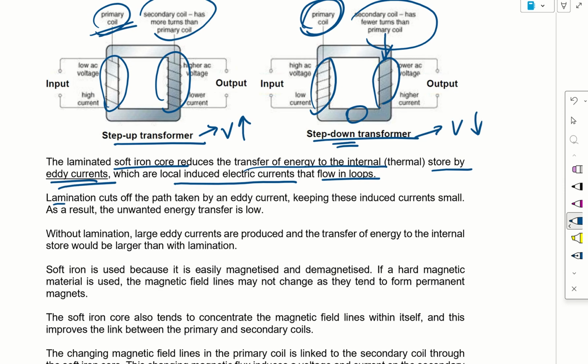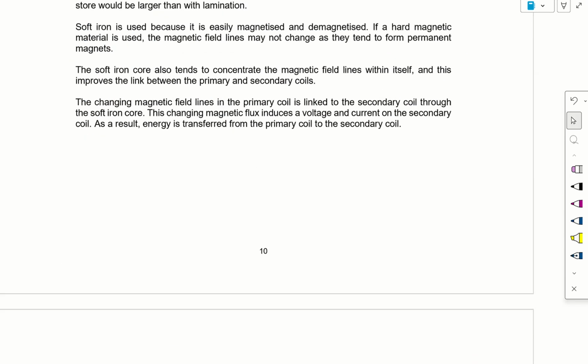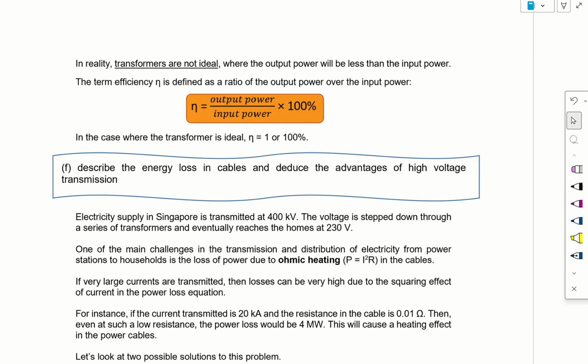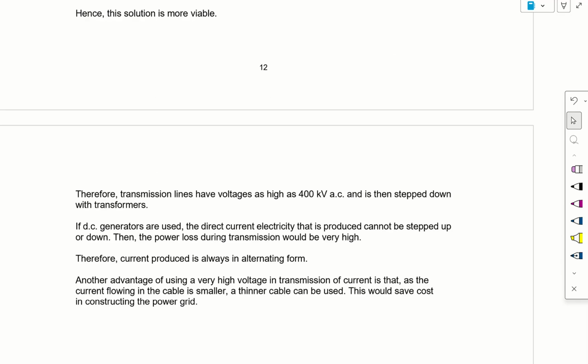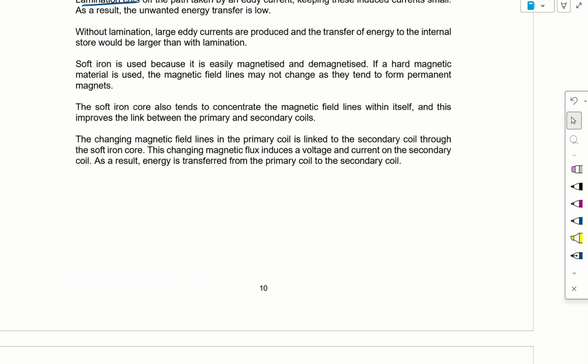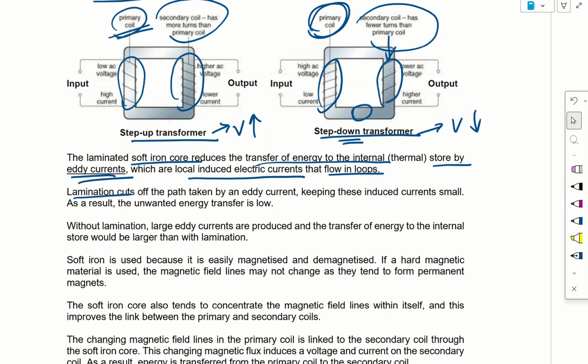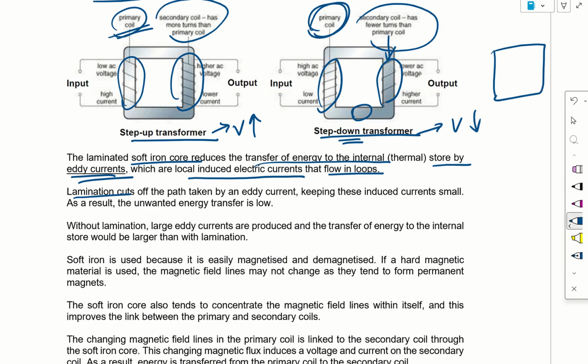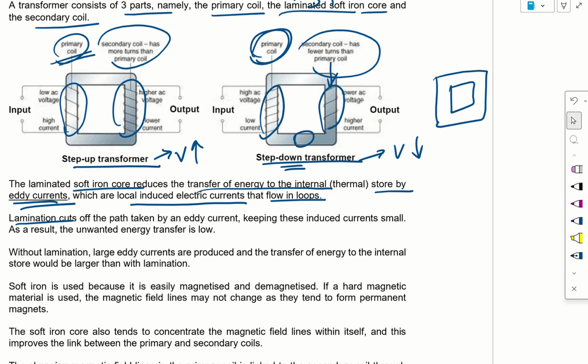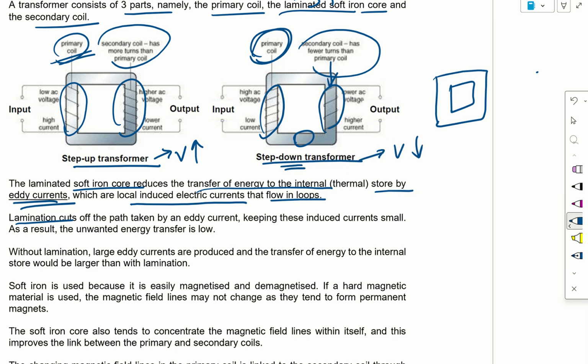But because we have lamination, let me see if we have the diagram. Okay, we don't have it. So instead of using one entire piece of iron, we have sheets of iron. This is one sheet, it's very thin, and between it and the next sheet of iron we actually have a laminated layer in between, so that the current does not flow from one sheet to the other.